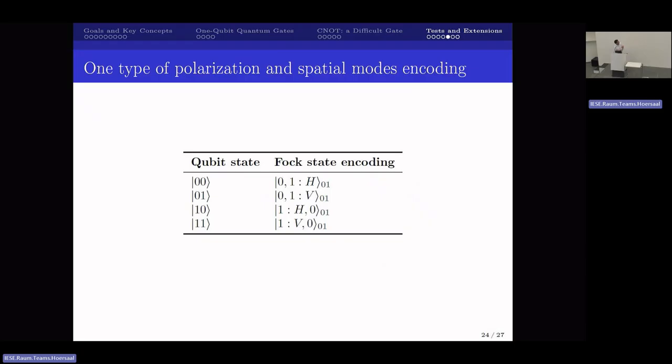In the qubit state, you'd have Ket00 up to Ket11. And in the Fock state encoding, you'll have only two modes, but you will be using the tensor product between the spatial mode and the polarization mode. So having one photon in mode 1 with polarization H would give you Ket00 and so on.